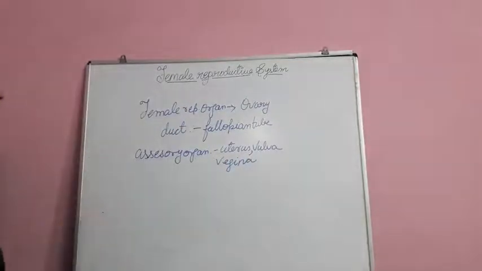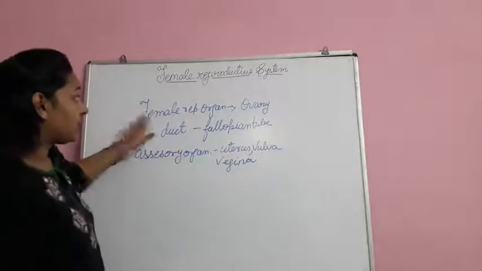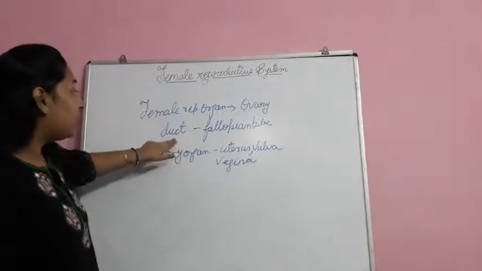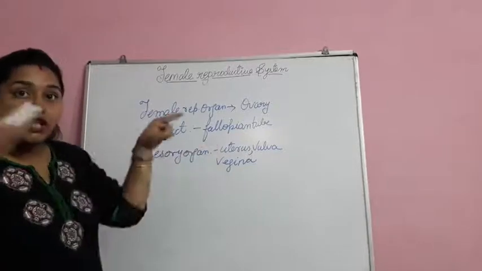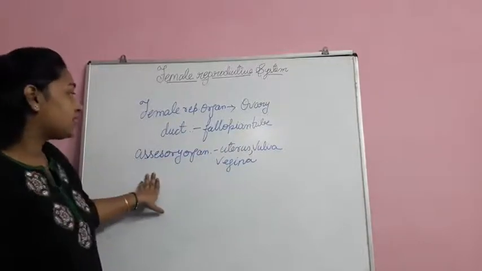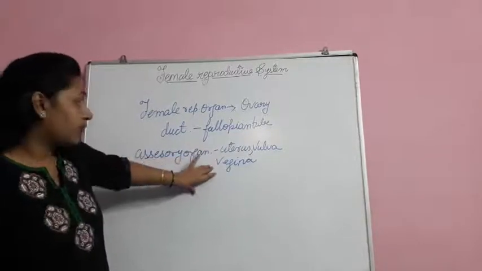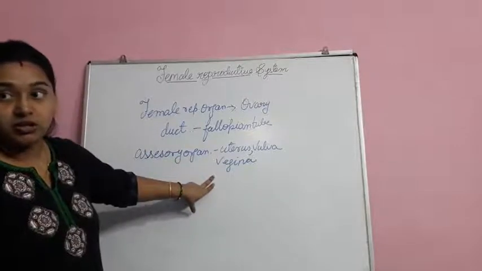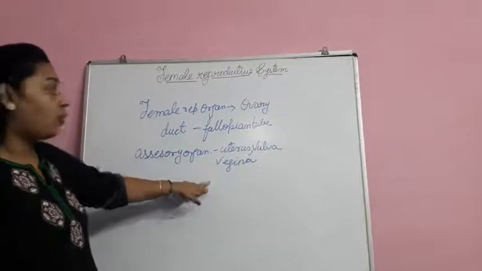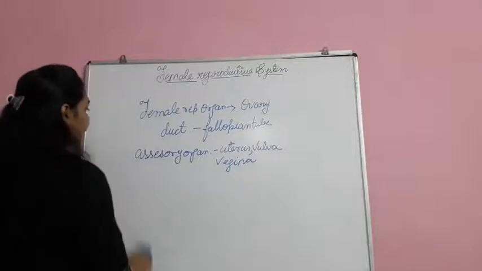So these are the reproductive parts involved in the human female reproductive system. They have the ovary, which is in a pair, the fallopian tube, which is again in a pair, and then accessory organs like the uterus, vulva and vagina. So let's start with all of these one by one in a diagram.